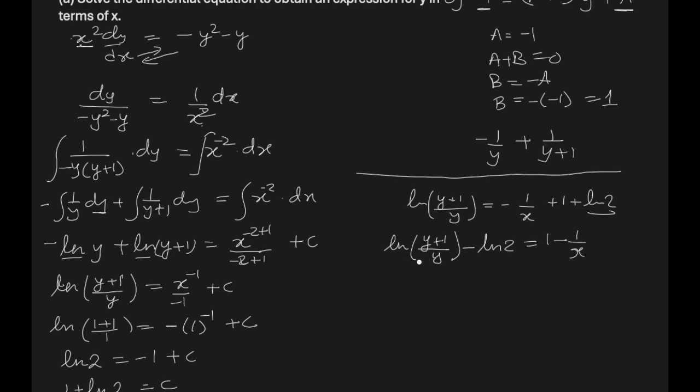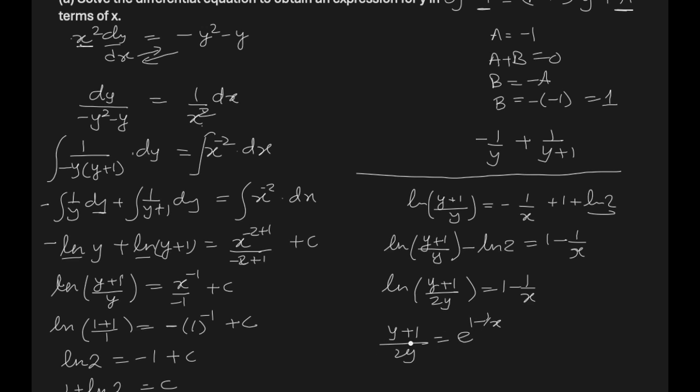This is subtracting, so it will divide, and it will become 2y here. So y plus 1 over 2y becomes e to the power 1 minus 1 over x.